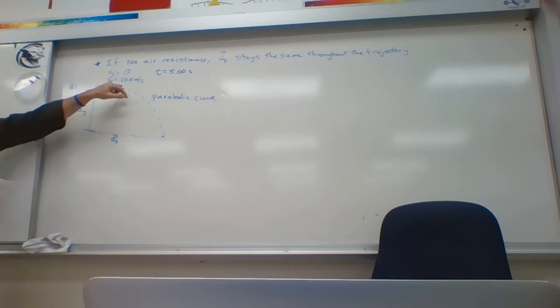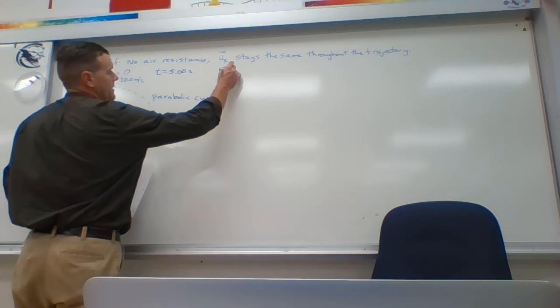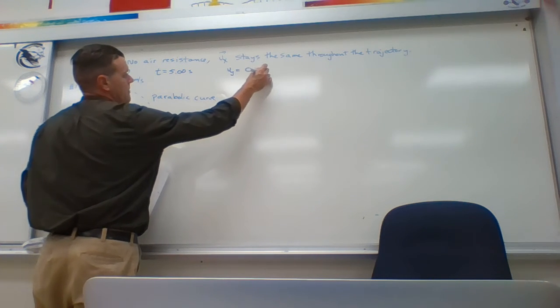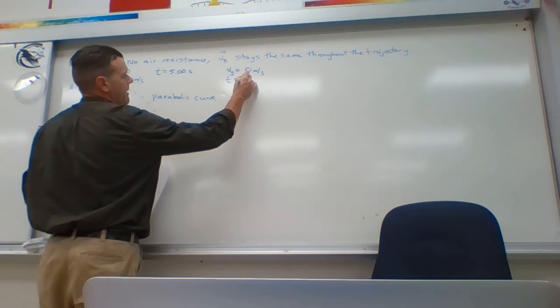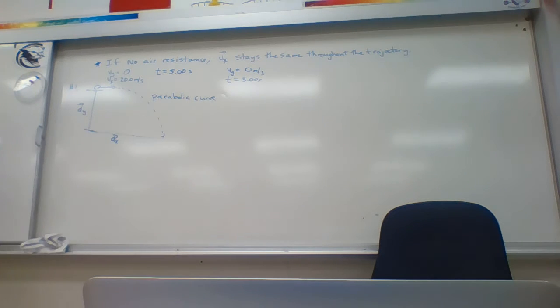So if I'm going to look vertically here, vertically, what do I know? I know that the initial vertical velocity is 0. I know that my time in the air is 5 seconds. What else do I know in the vertical direction? Something I haven't said yet.